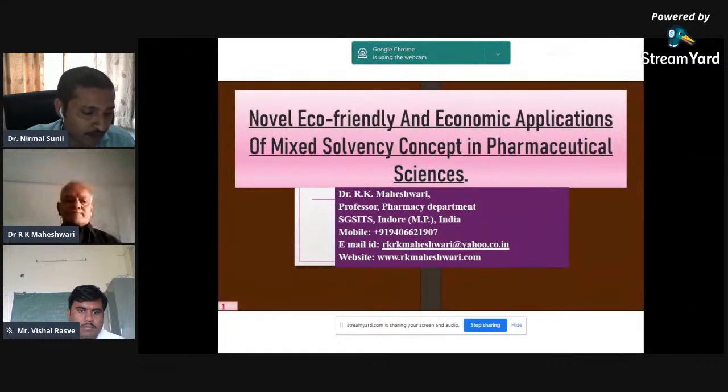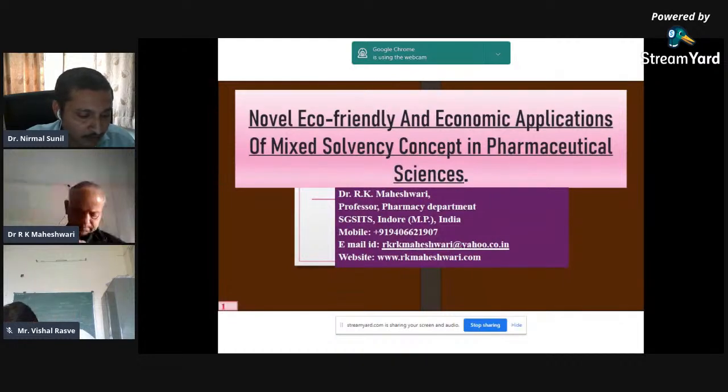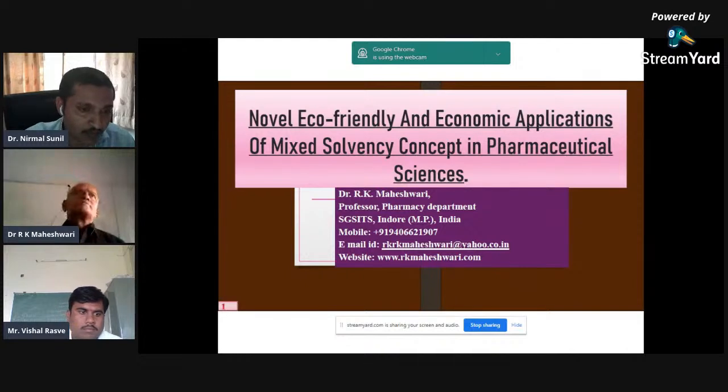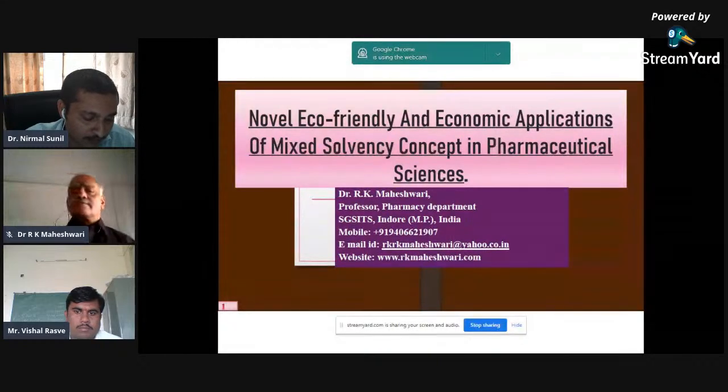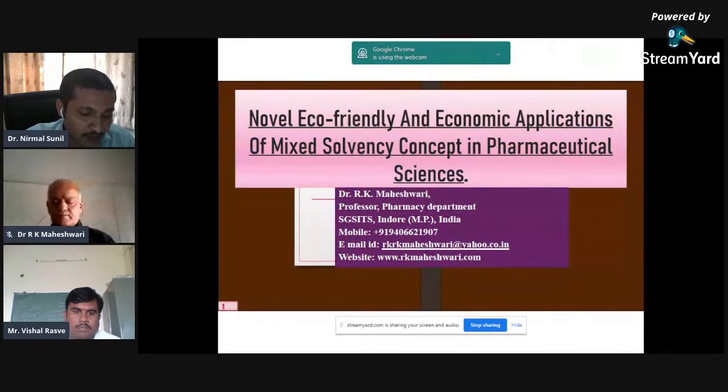Sir is working as Professor, Department of Pharmacy, Sri GS Institute of Technology and Science, Indore. Sir has 33 years teaching experience, 2 years industrial experience. He is working as a member of Board of Studies at RGPV University, Bhopal. He has research expertise in the mixed solvent concept, and he completed around 100 UG and PG projects and guided PhD students.